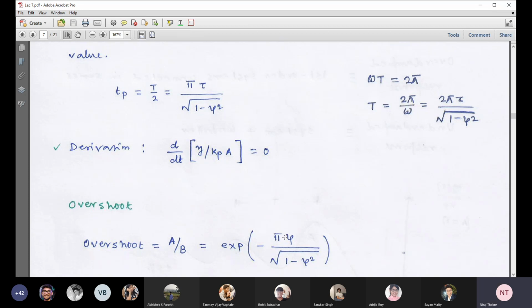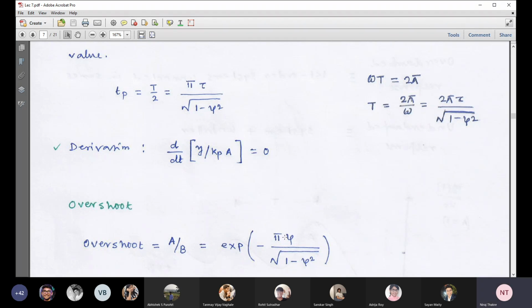So if you know how to determine A by B, let me tell again to everyone. Capital A we can determine by considering y divided by AKp at T equal to Tp. A is the maximum value of y divided by AKp, the corresponding value at T equal to Tp.